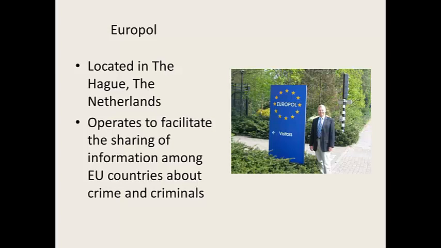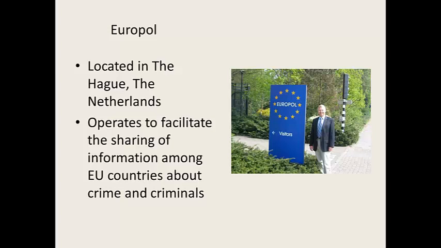Basically it's a way for them to have face-to-face contact with one another and be able to walk down the hallway and have the representative from Austria meet with the representative from Spain and work together on information about crimes and criminals that are operating, or at least suspected to be operating, in both countries or in other countries as well. So Europol serves as that basis.